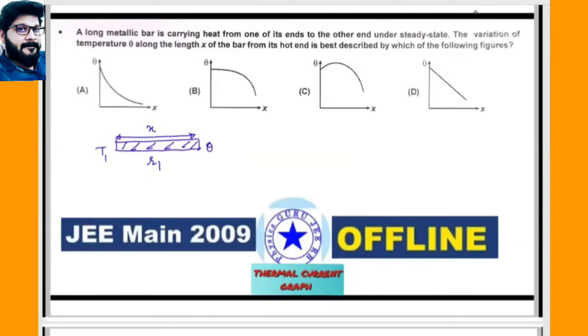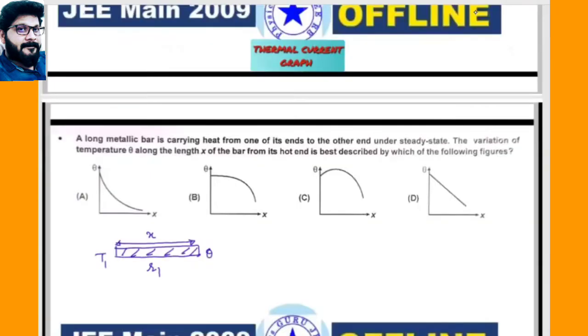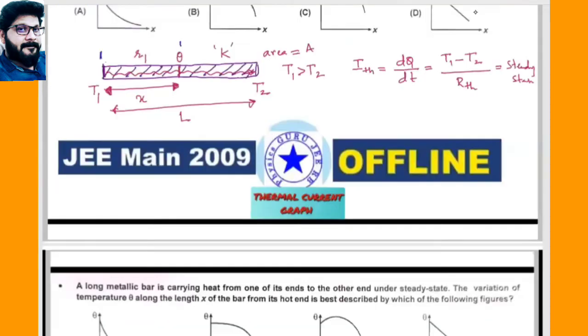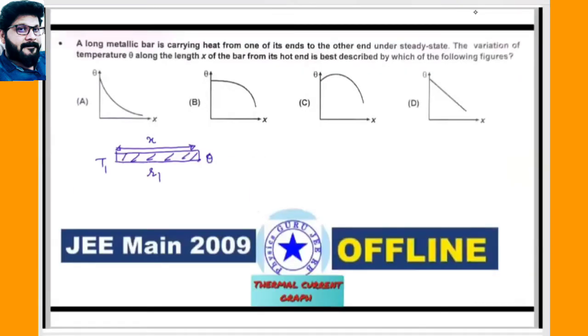Fine. Now I would like to write the thermal current for it. The thermal current flows from T1 to theta, so I can write thermal current equals dQ by dt, which is the temperature difference T1 minus theta, because the flow of heat is from T1 to theta, divided by thermal resistance R1.